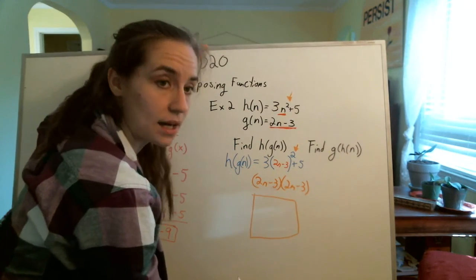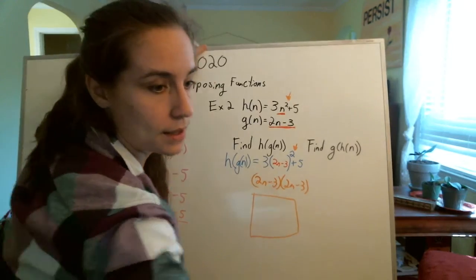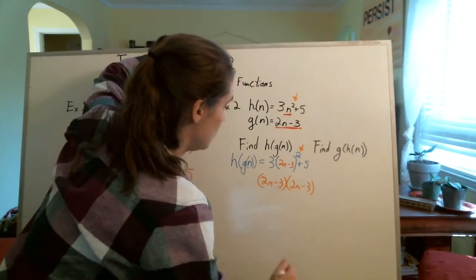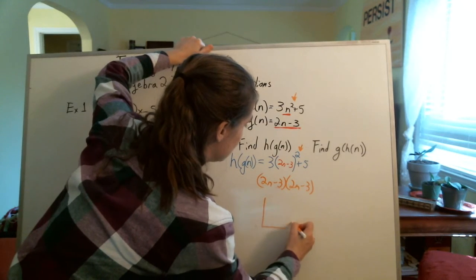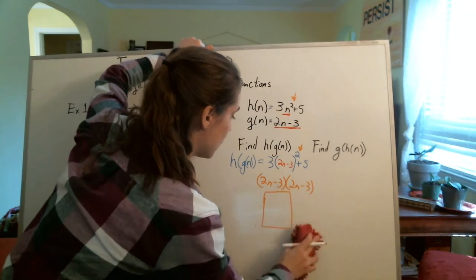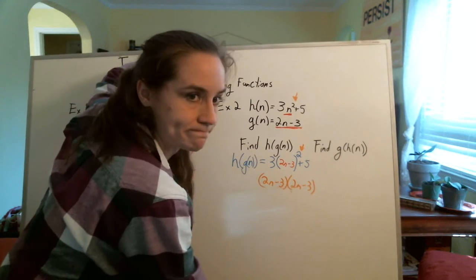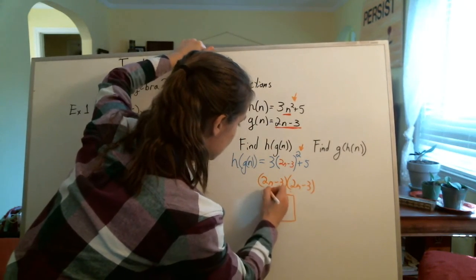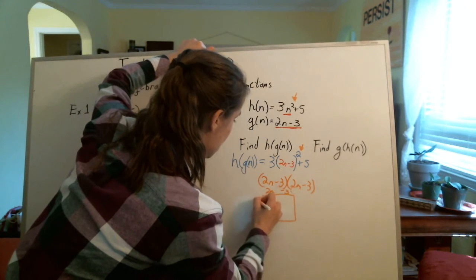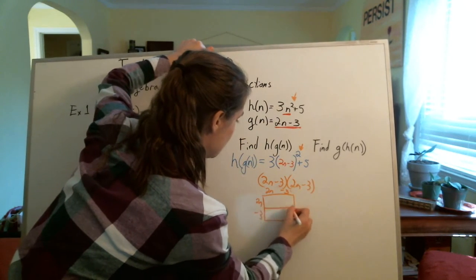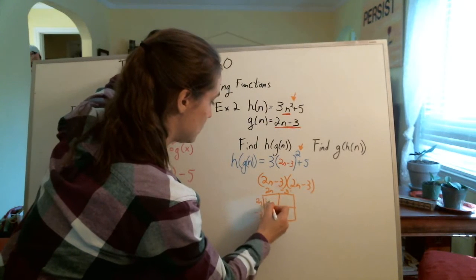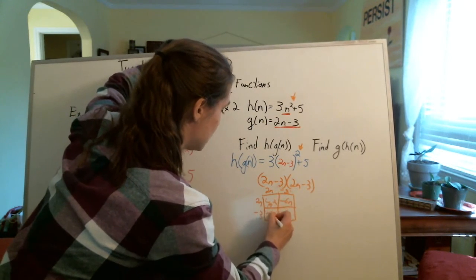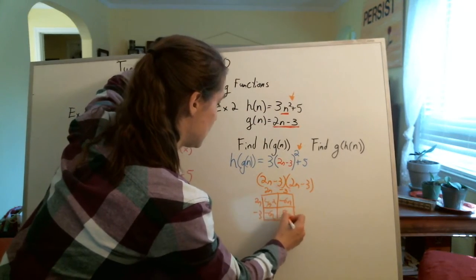So I'll take these like this. 2n times 2n is 4n squared, minus 6n, minus 6n, plus 9.